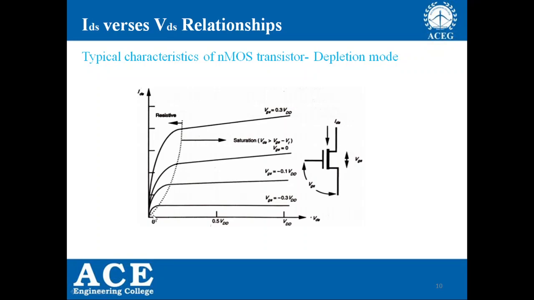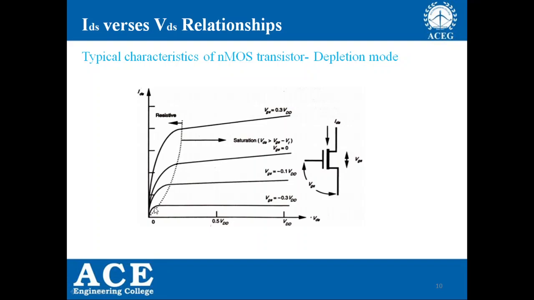So when VDS equals VGS minus VT at this point, the transistor will go into saturation mode and hence the current will become constant hereafter. Okay, and this type of behavior will continue even for VGS equal to 0 volts and for VGS equal to 0.3 VDD also.